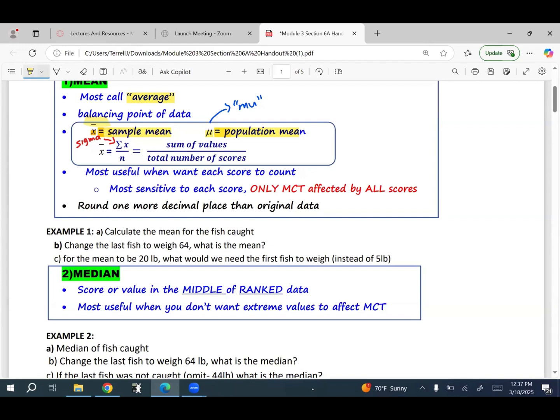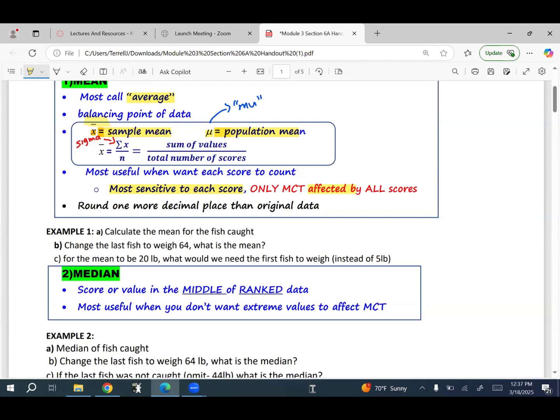Those are called outliers, and we'll talk about that a little bit later in the section. So when we want to take into account each score, it is good to use the mean. However, the mean is sensitive to each score, meaning your mean will be affected if you have extreme values in your data.